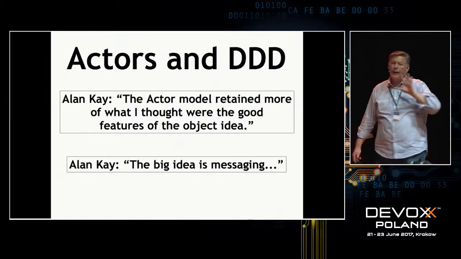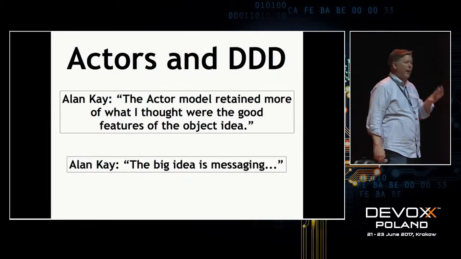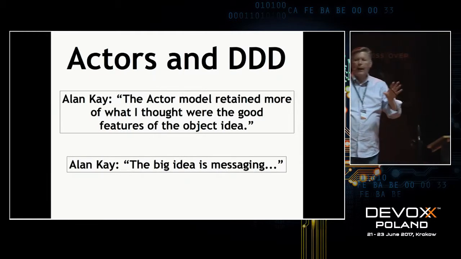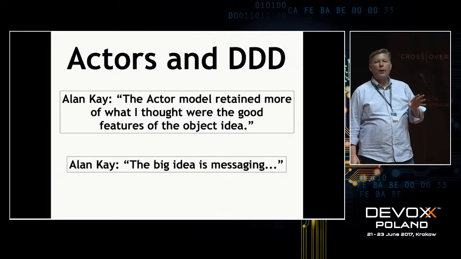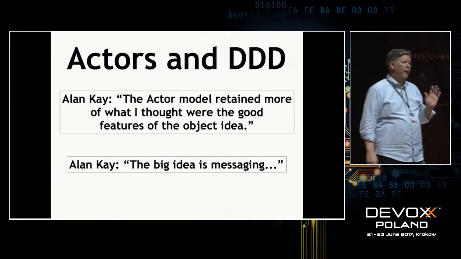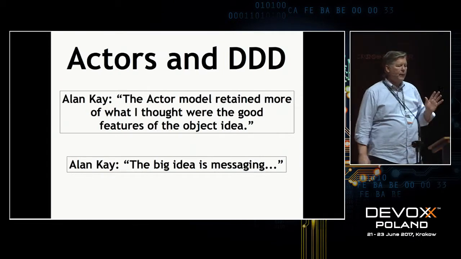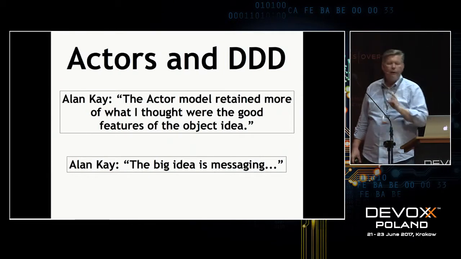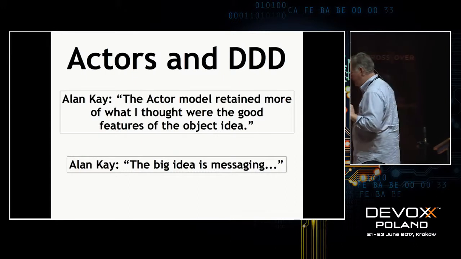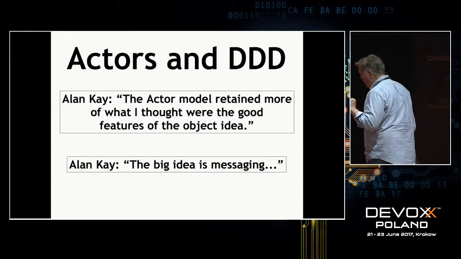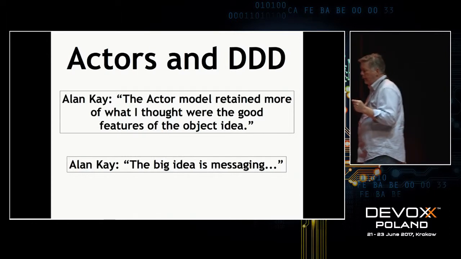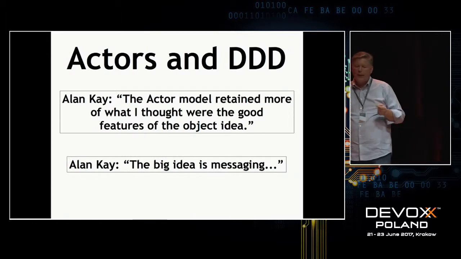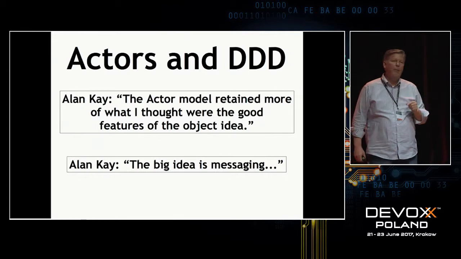And here again, I need to emphasize that Alan Kay, the inventor of the Smalltalk language, said that the actor model retained most of the ideas or what he thought were the good features of the object idea. So the person who invented object-oriented said, this is what it's really all about.